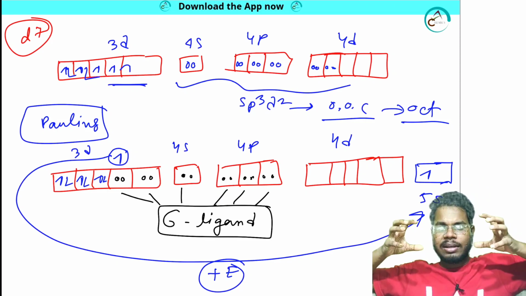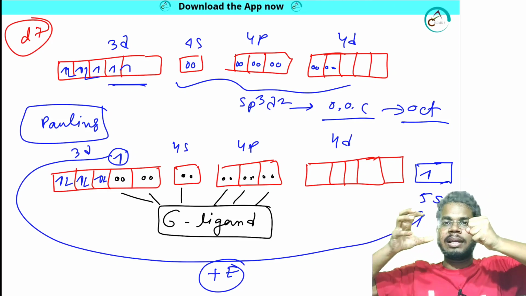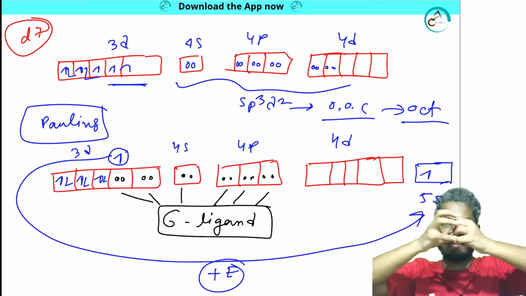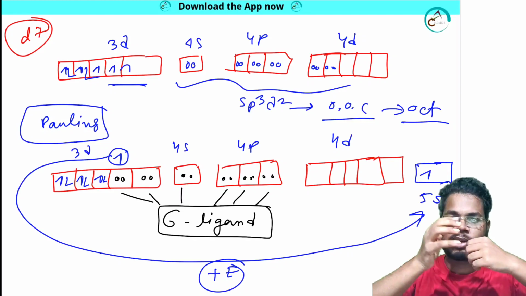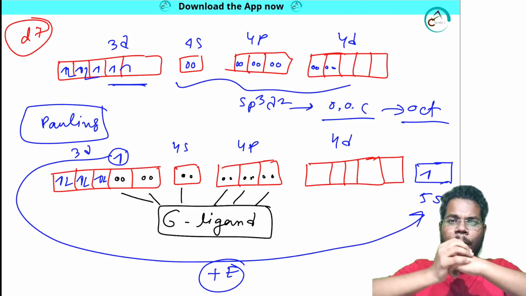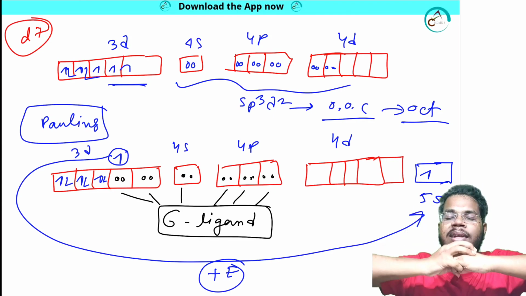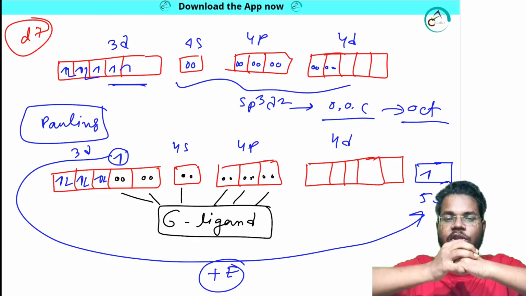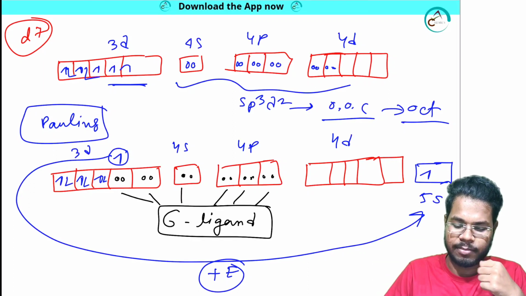So whenever a metal and ligands, different ligands, are coming to the metal, after bond formation the complex should be much more stable. And whenever bond formation occurs, there should be some energy released from the system. You will find that some amount of energy will be released.